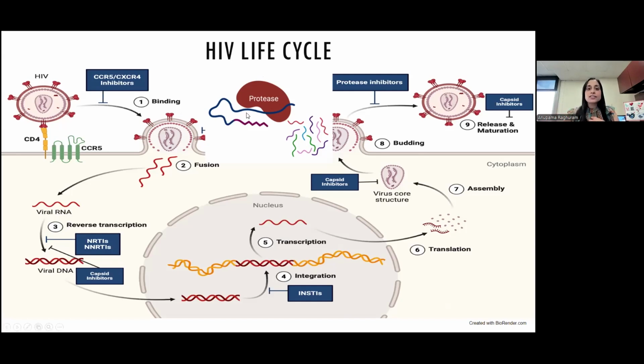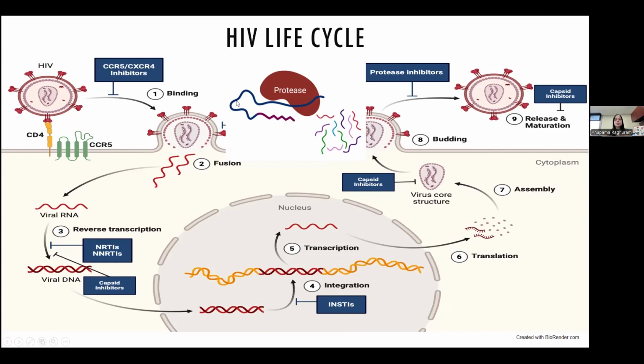So protease is the enzyme that's going to come here and clip this big long strand of protein into smaller active proteins, and that's what can be put into the new baby virus. Now, you can imagine that a protease inhibitor is going to come here, stick to the protease enzyme, and alter its structure and not allow it to do that snipping part. And therefore, you don't have the appropriate size of protein to be packaged into the new baby virus. So that's how the protease inhibitors work.